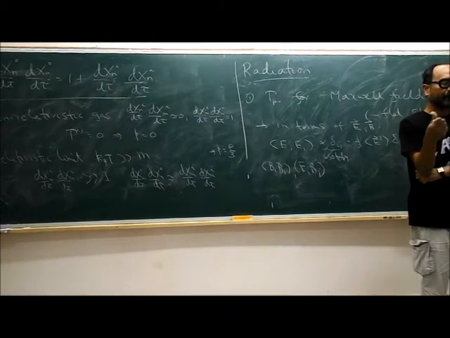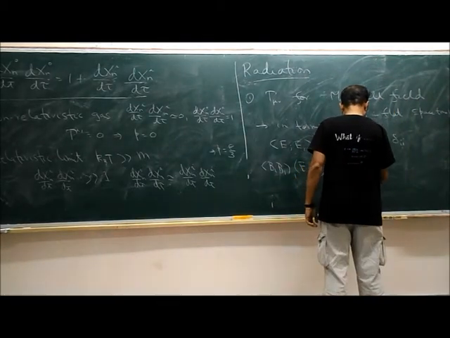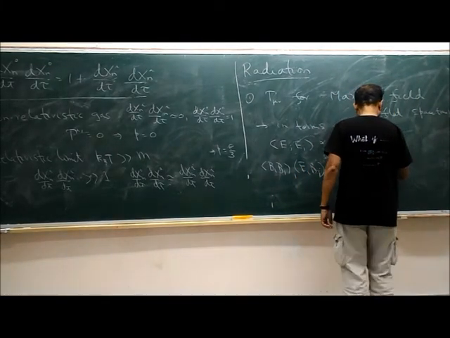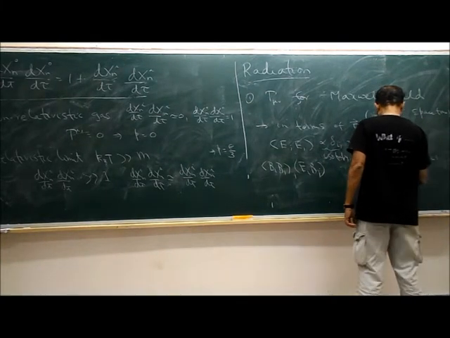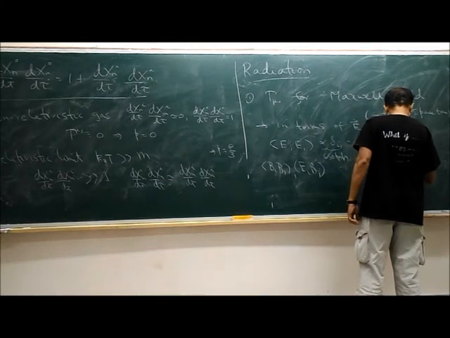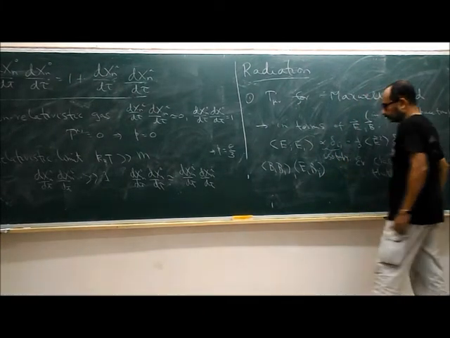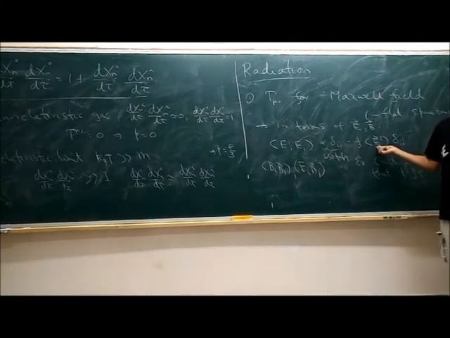So I'll leave it to you as an exercise. Check from this that P is equal to 1/3. So basically everything can be calculated in terms of this 1/3 E squared.